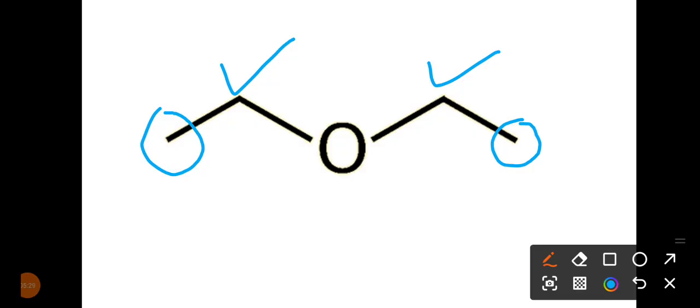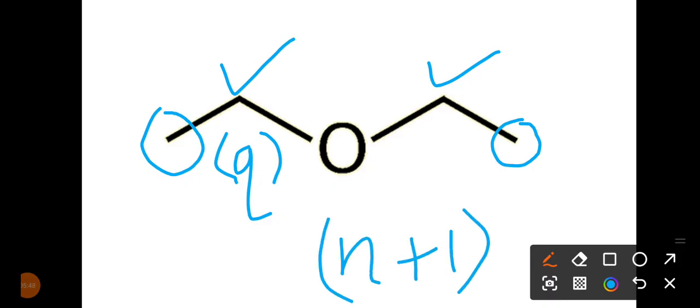This CH2 proton gives a quartet, because what is the rule of multiplicity? That is n plus 1. And what is n? n is the number of hydrogens on the adjacent carbon. So what is on its adjacent carbon? CH3, so 3 hydrogens on the carbon. If we do n plus 1, it gives a quartet signal.